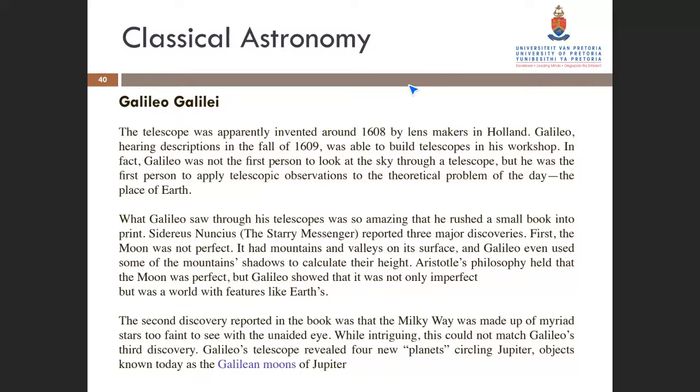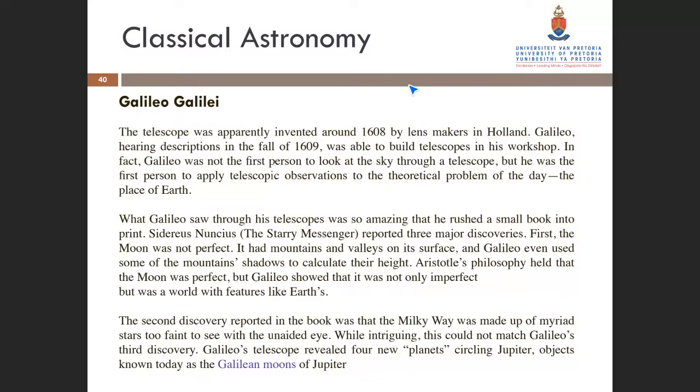First, he discovered the moon was not perfect. It had mountains and valleys on its surface, and Galileo even used some of the mountain shadows to calculate their height. Aristotle's philosophy held that the moon was perfect, but Galileo showed it was not only imperfect, but was a world with features like Earth's.